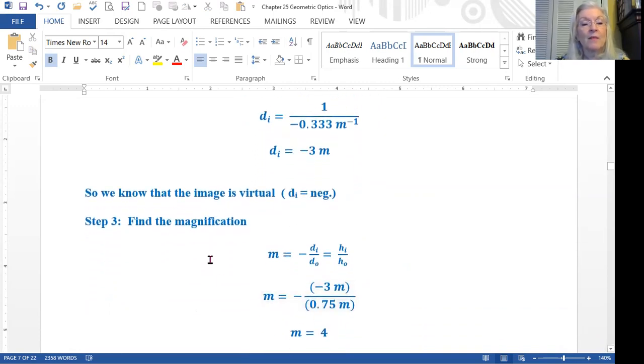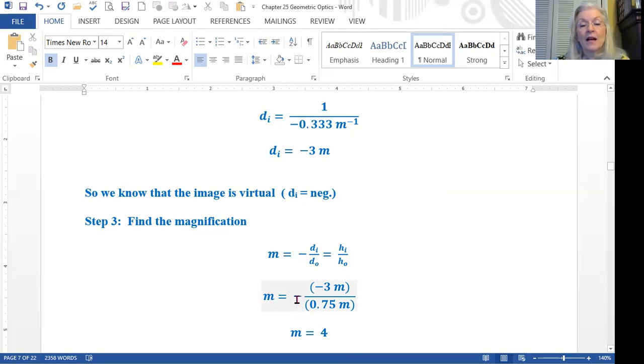So now we want to find the magnification. The formula is M equals minus DI over DO, which is equal to HI over HO. We don't have the heights, we have the distances. So the magnification is minus that negative 3 divided by 0.75 meters.